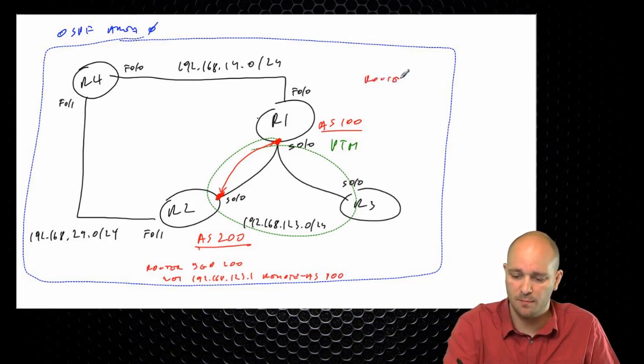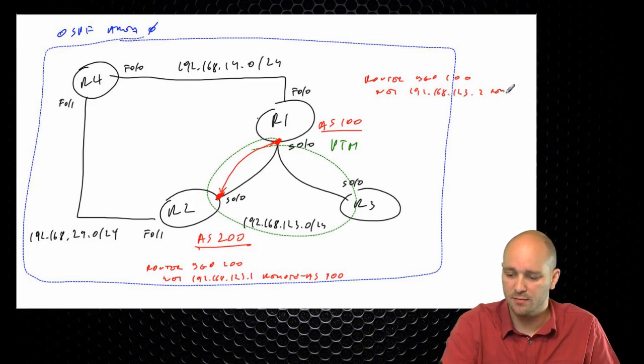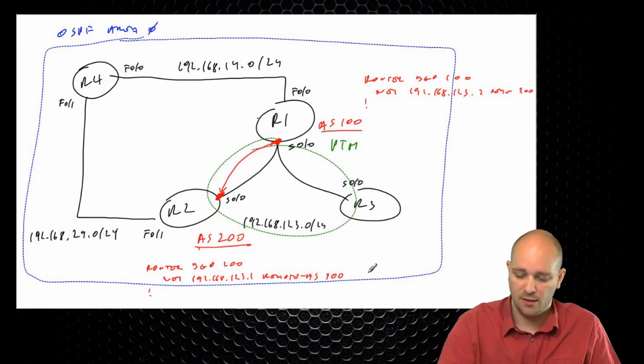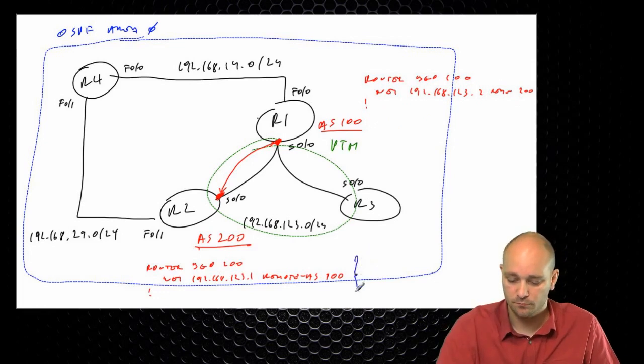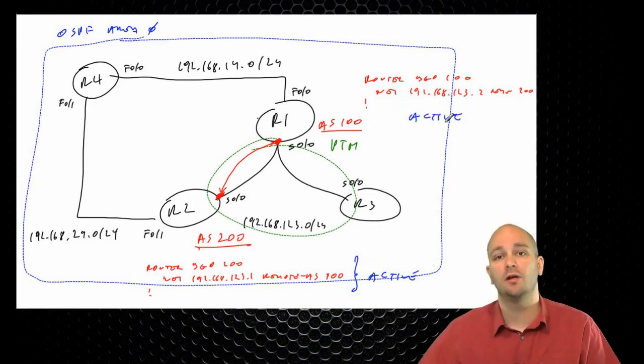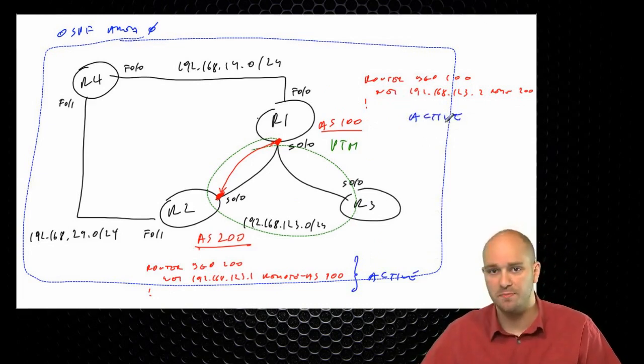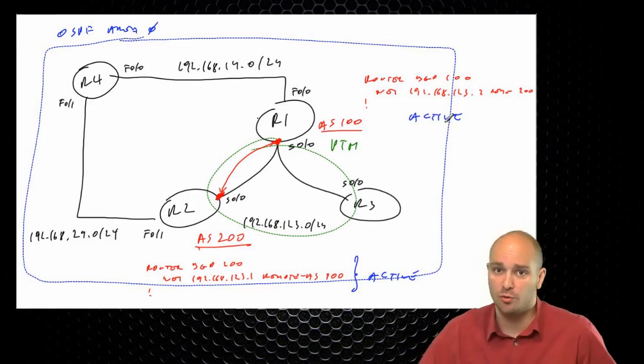You say router bgp 100, and you say neighbor 192.168.123.2 remote-as 200. And what happens is this neighbor here goes active. This session here goes active, but they never establish. It never works. And you can wait as much as you want, this session will not establish.